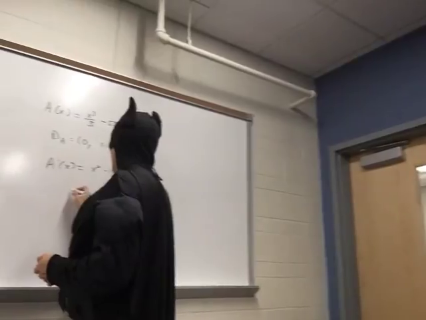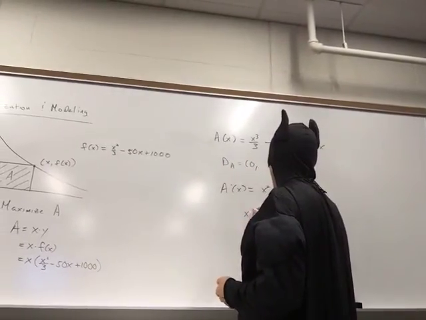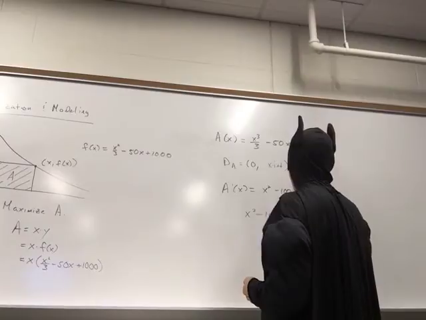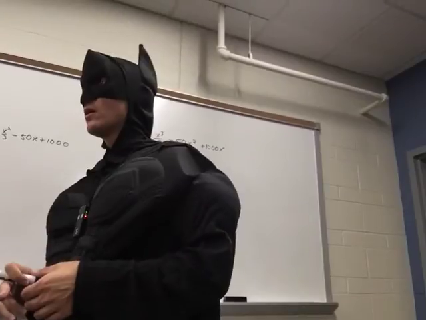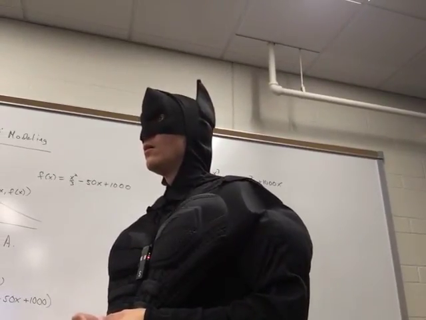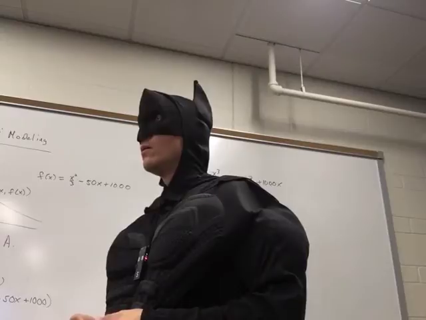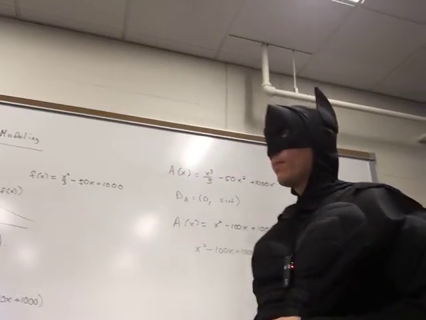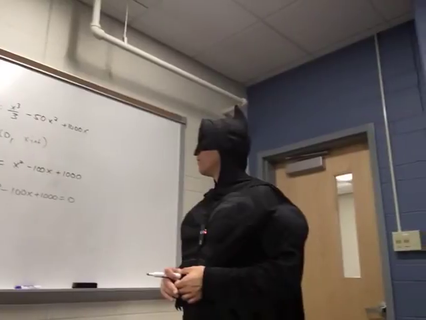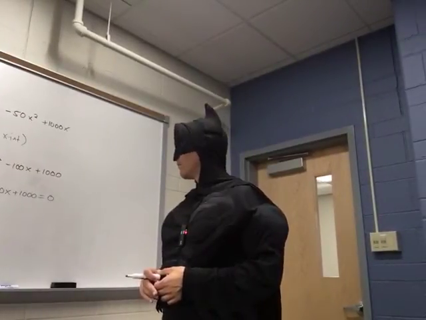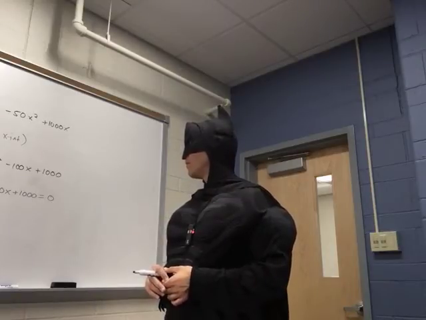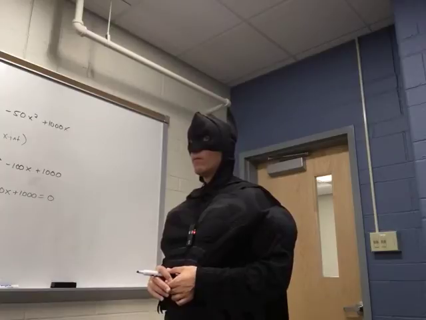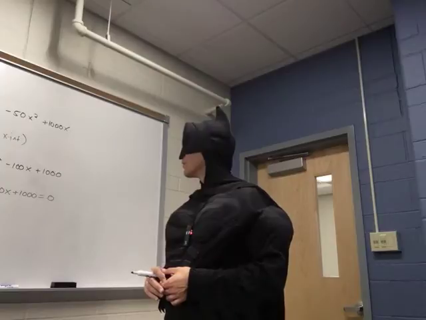The x values here that work, so if x squared minus 100x plus 1,000 equals 0. I'm worried I made a mistake already, though. Let me double check something. x cubed, 50x squared, 1,000x, x squared, minus 100x. Yep.